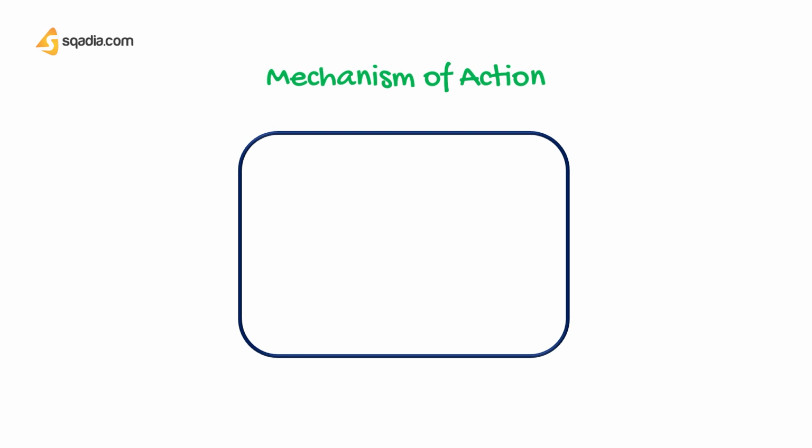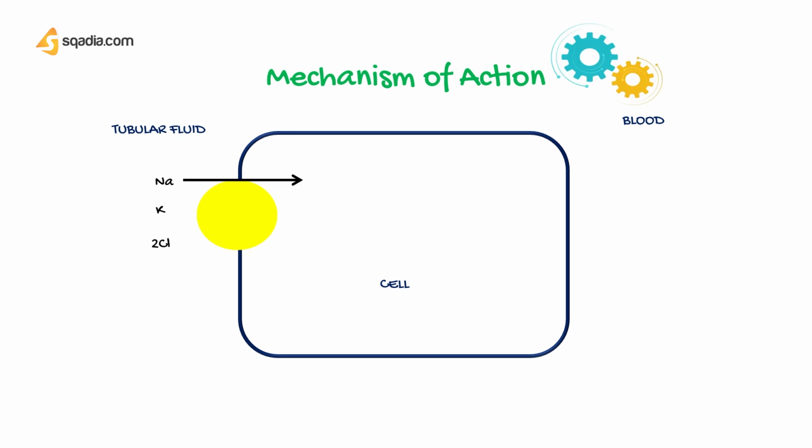Now comes the mechanism of action, which is very important. So here you can see this is a tubular cell. On one side there is tubular fluid, on the other side there is blood. Then on the luminal membrane there is sodium potassium chloride cotransport, and this will cause the reabsorption of sodium, potassium and chloride into the cell.